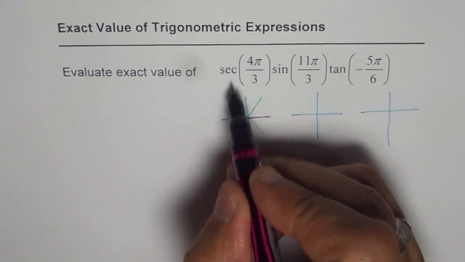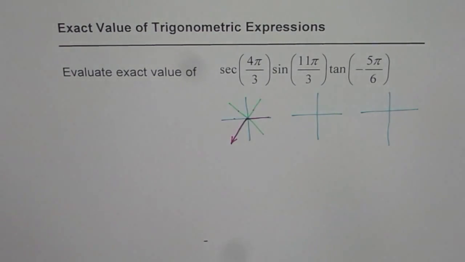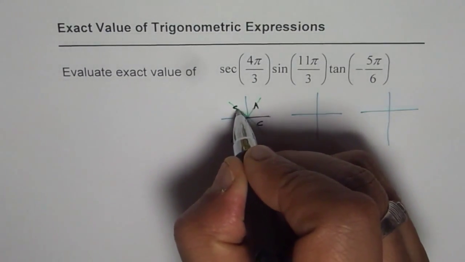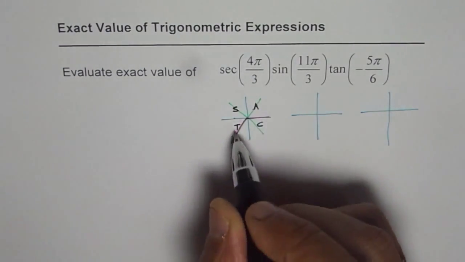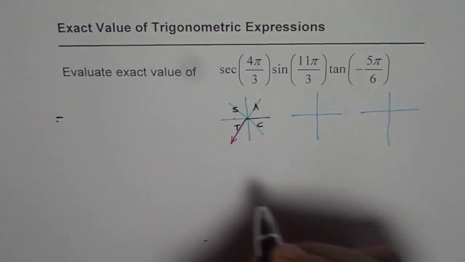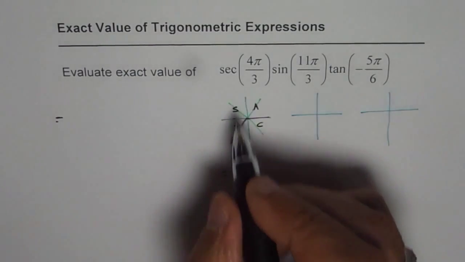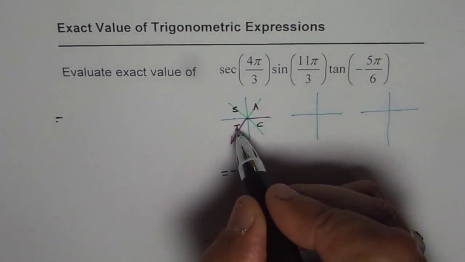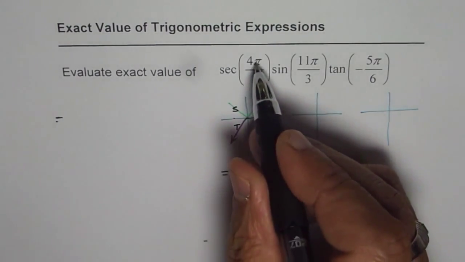Secant is negative in quadrant 3, since you know the CAST rule, C-A-S-T, and you know you are negative. So we can write this expression as secant, minus, and we see the related acute angle, which is pi by 3 here.